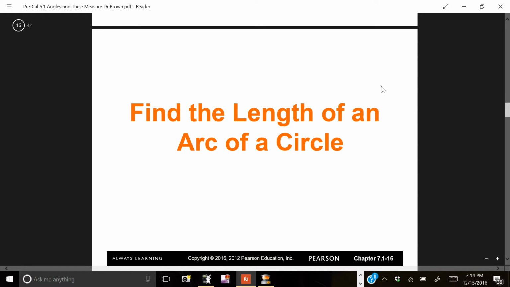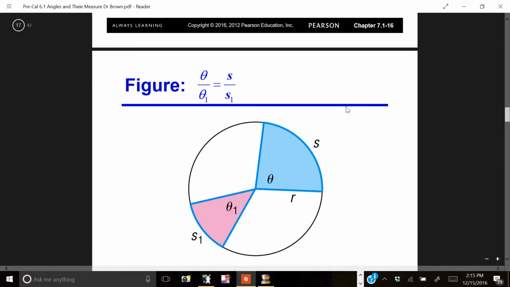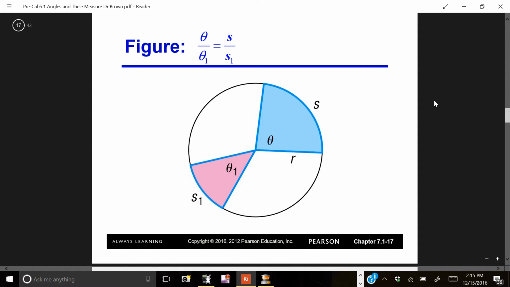Now, how can we find the length of an arc of a circle? Notice that in this particular drawing, we have two arc lengths, capital S and S1, and the corresponding angles are theta and theta 1. Suppose theta 1 was a whole circle, so it would be 2 pi.